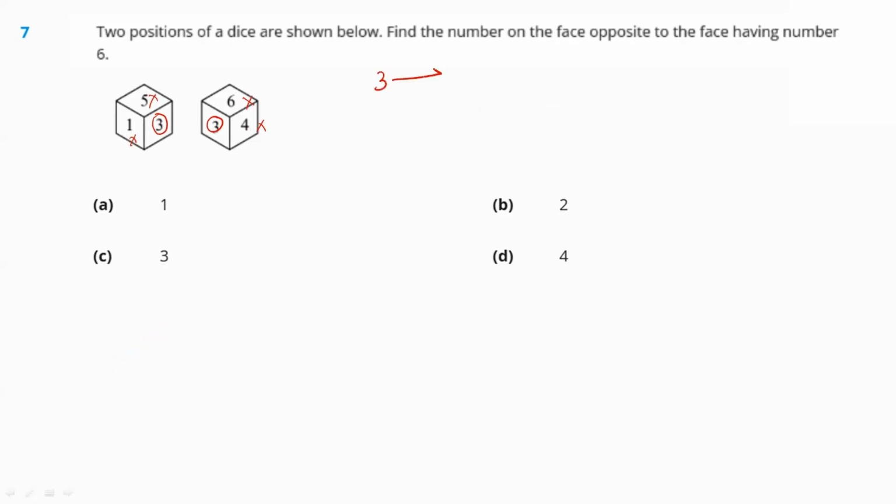So opposite to 3 is 2. Then opposite to 6, let's say we do not know. Opposite to 4 is 5, so definitely opposite to 6 is going to be 1. So 1 is going to be our answer. Option number A is the right answer.